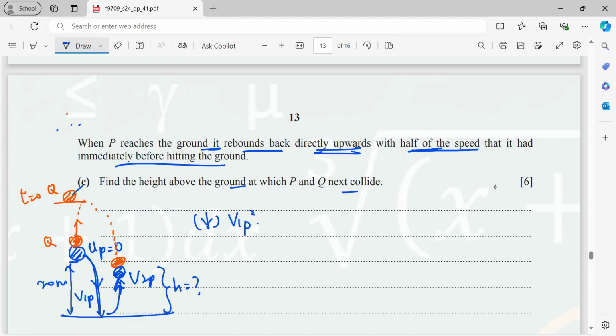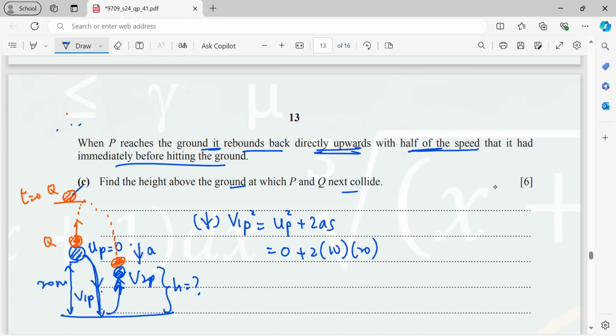Since V1P goes down, for the first part, V1P squared equals UP squared plus 2AS. Now my UP will be 0 because it stops a while first. Then plus 2a, a will be 10 because the acceleration is always pointing downwards, the same direction as V1P. The s is 20 because it goes down 20 meters before it hits the ground.